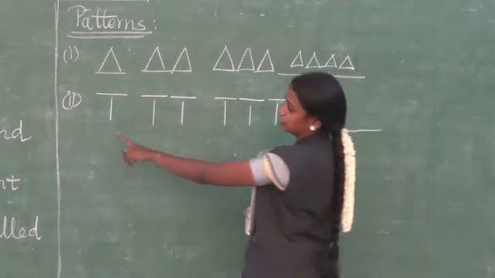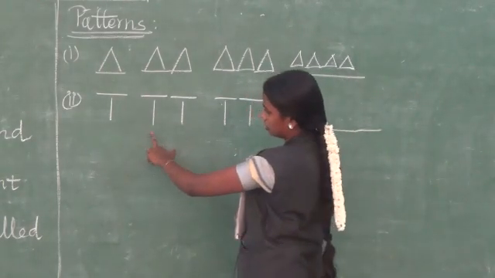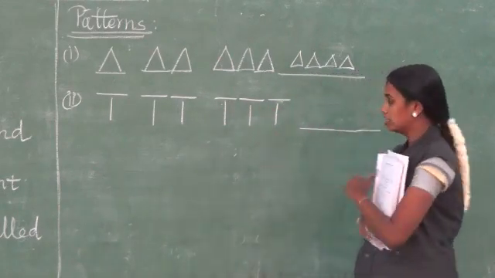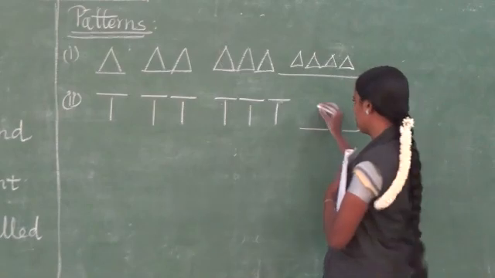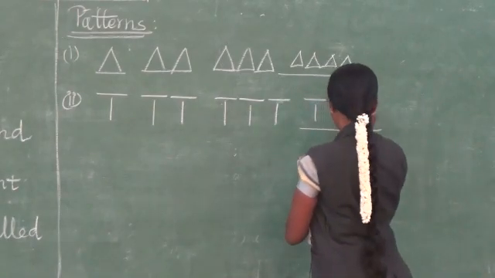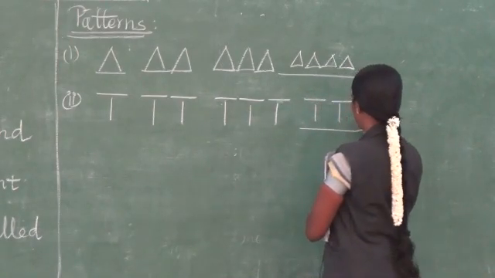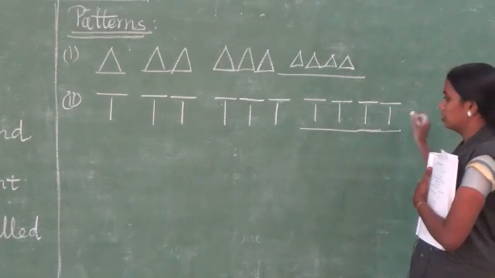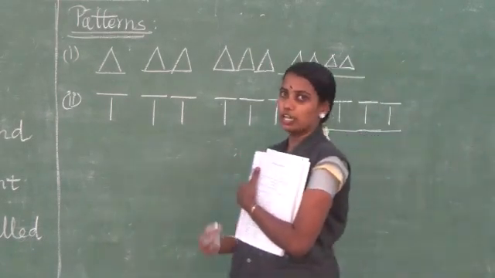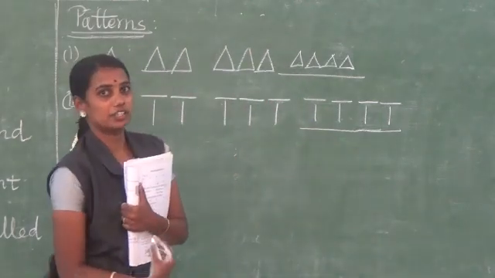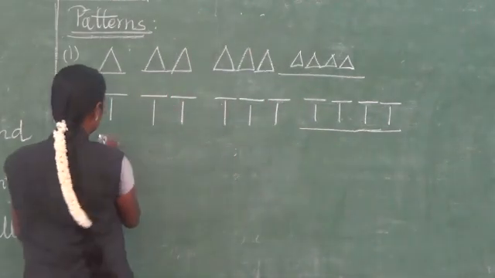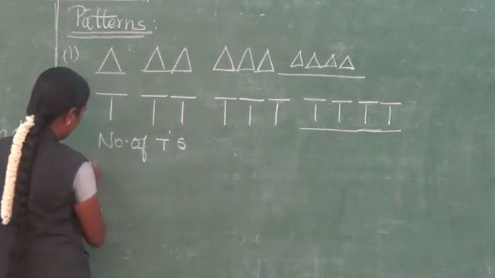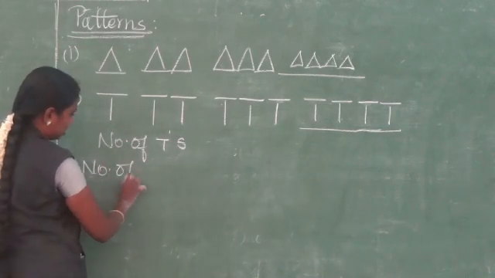The first pattern is 1 T, second pattern 2 T, third pattern 3 T. Now what will be the fourth pattern? 4 T's. Now we are going to count the matchsticks also. Listen to me: number of T's and number of matchsticks.